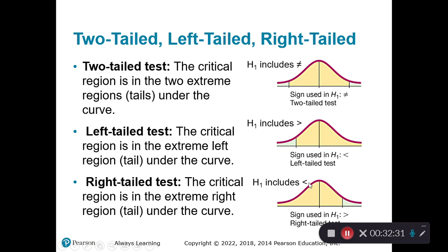This is incorrect here where my cursor is. So we're looking at a critical region being only in the upper tail, in the right tail. So really, depending on which symbol is being used in the alternative hypothesis, that is what is going to determine whether we have a two-tailed test, left-tailed test, or a right-tailed test. And again, remember, this right here is backwards. The one under the picture is actually the correct one.